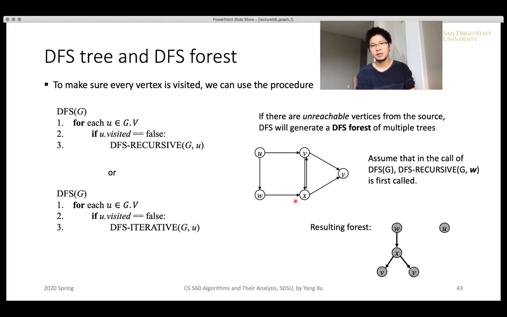The first tree has W as the root, and it goes from W to X, and X to V, and X to Y. The second tree is U, because U is not reachable from W. So the result of a DFS is very sensitive to the source vertex that you choose. Choosing a different source may result in very different DFS trees or forests. In this case, if you choose U, then there will never be a forest. It will be just one complete DFS tree.